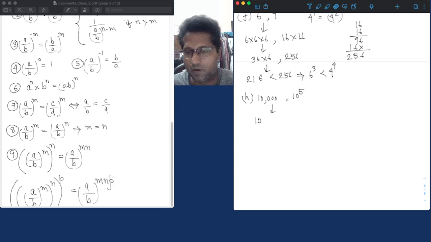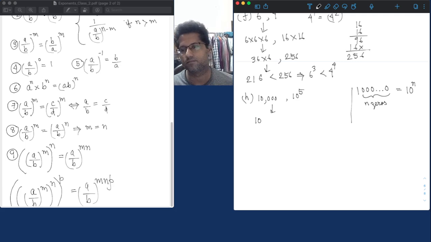As a side note, a power of 10, a number of the form 10, 100 or 1000, if it has n zeros, is equal to 10 to the power n.